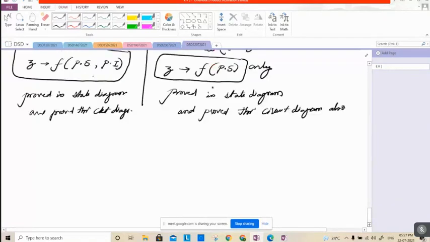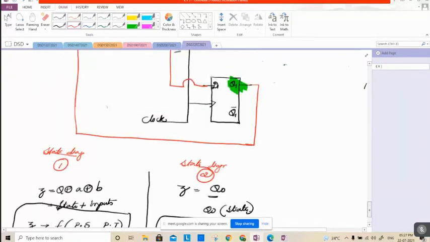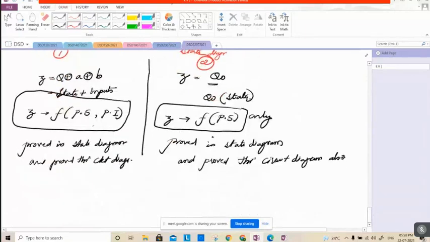And now circuits which are of this kind are called Moore state machines.